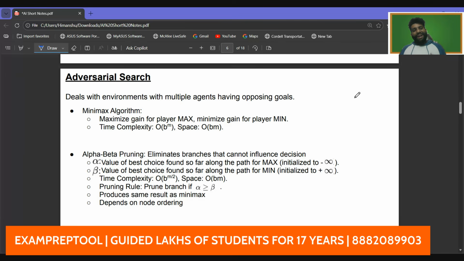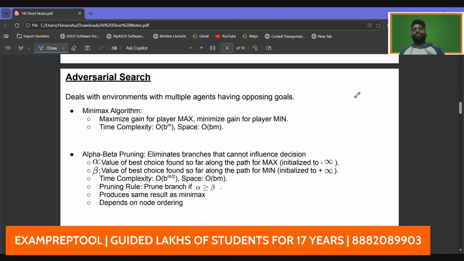Now, why alpha beta pruning comes into the picture is a very important thing to learn. Alpha beta pruning is there to avoid some of the branches which shouldn't really be tried, which can simply be avoided.